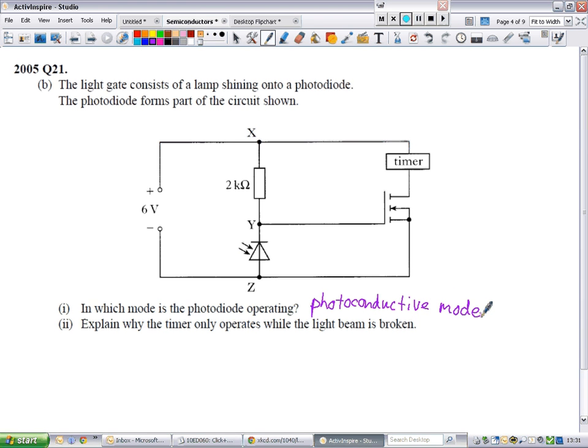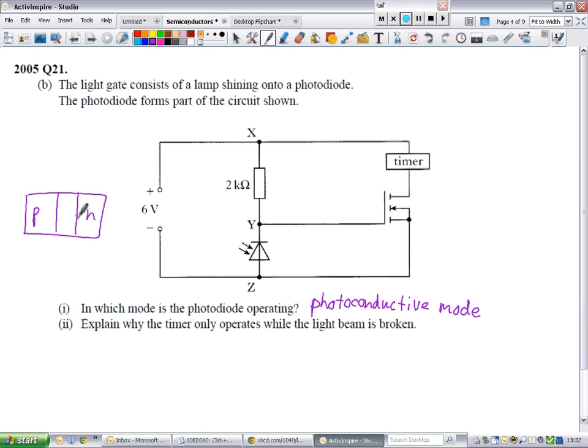Explain why the timer only operates when the light beam is broken. Well, when the light beam is broken, you can basically say goodbye to the light that's hitting this. So at that point in your p-n junction, you've got this big depletion layer, and there's no light falling on that, so there's no electrons and holes combining, there's no conduction at all.